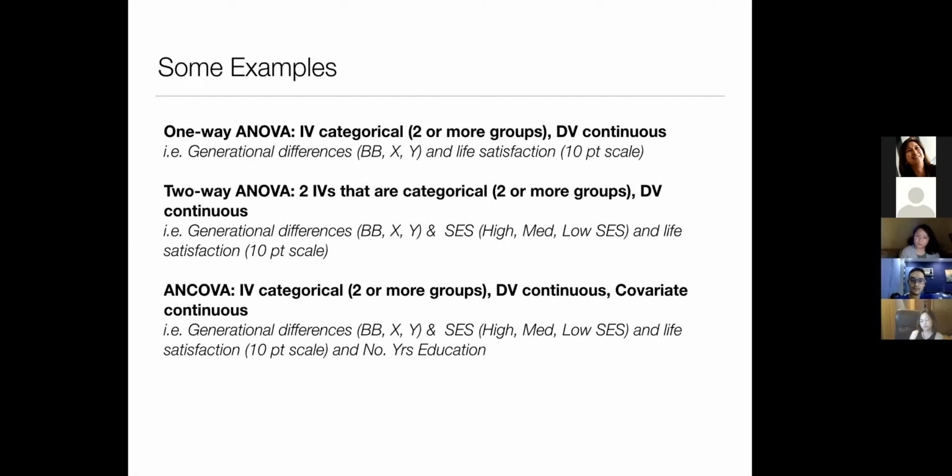Why put in that covariate? Because if you don't put in that covariate and you say urban Filipinos are more satisfied in life, you're saying that it's the geography, their location, that makes a difference, right? But you didn't account for the fact that urban Filipinos may have more income than rural Filipinos.